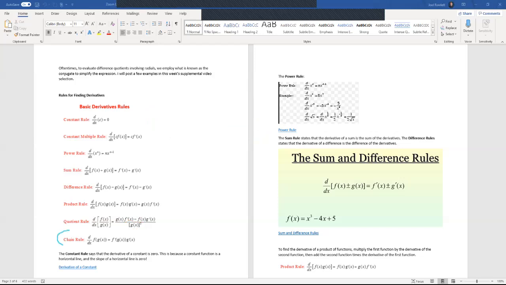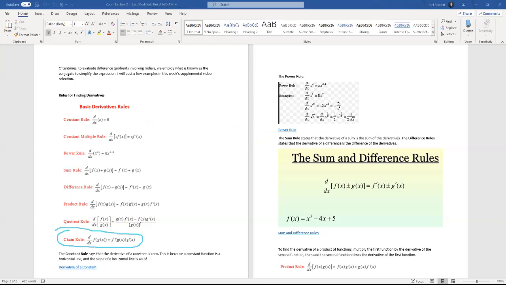And lastly, we have what is known as the chain rule. The chain rule is used for composite functions. In other words, we have a function inside of a function.